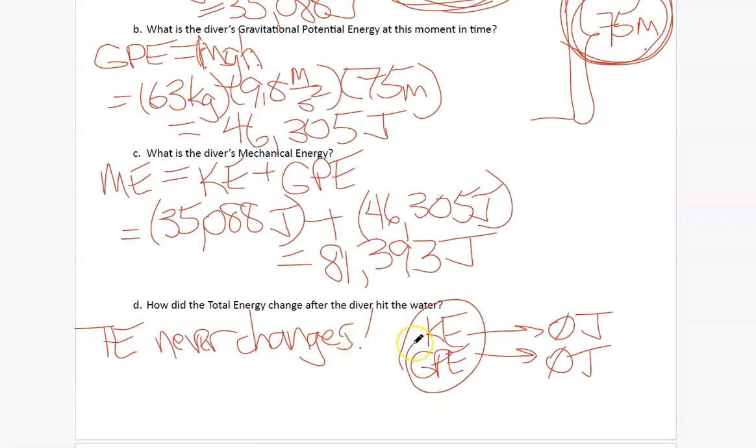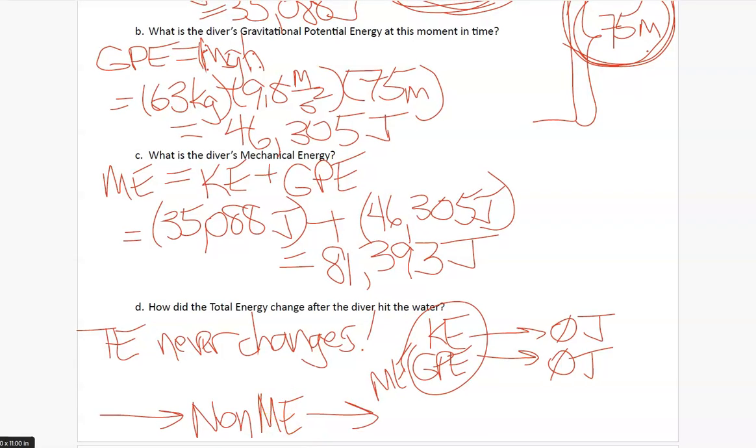So our mechanical energy, that's composed of gravitational potential energy and kinetic energy, is all turned into non-mechanical energy in this particular case. And that non-mechanical energy is composed of energies like internal energy of the water is now increased from the impact, and you might also have a sound, so there's acoustic energy.